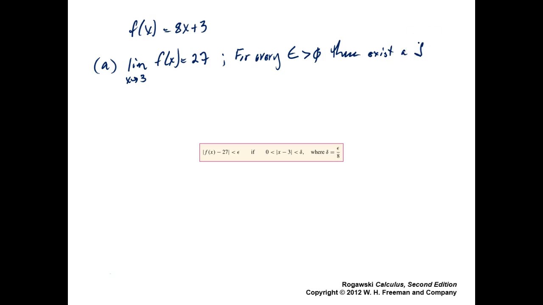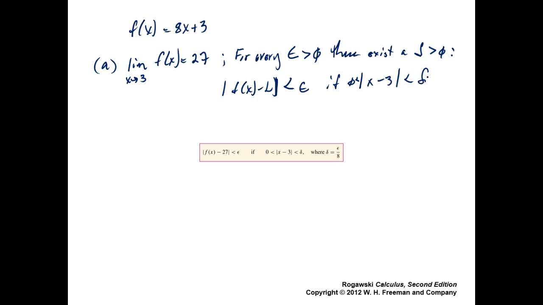This is true if and only if this is true. A delta greater than 0, such that absolute value of f of x minus L less than epsilon, if 0 is less than absolute value of x minus 3, less than delta.